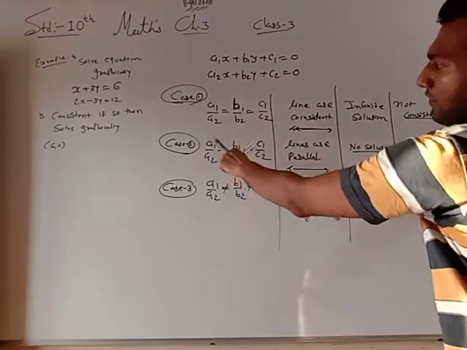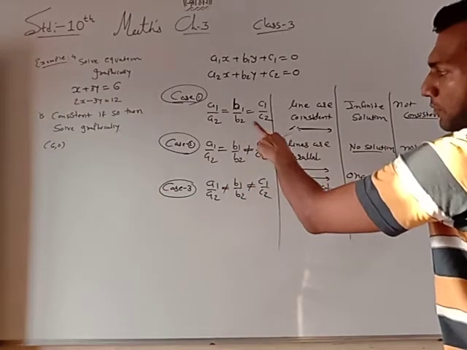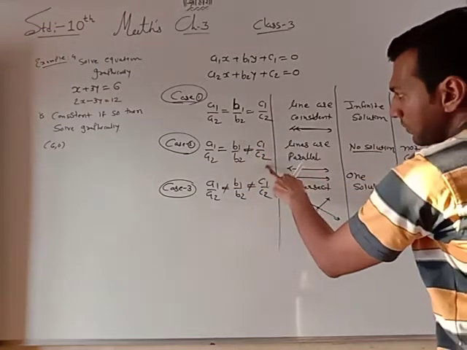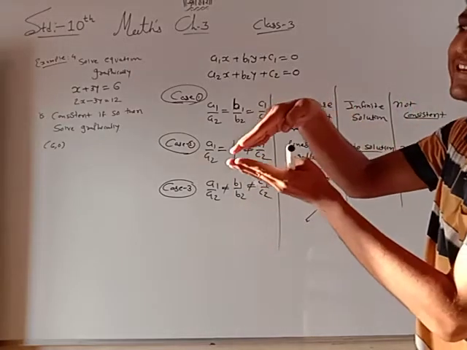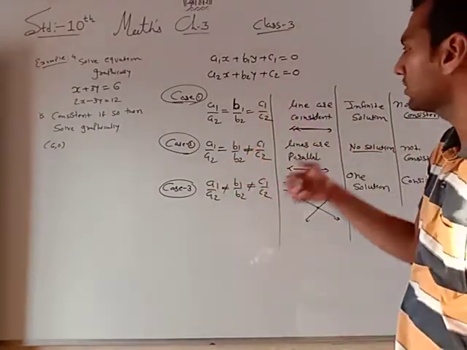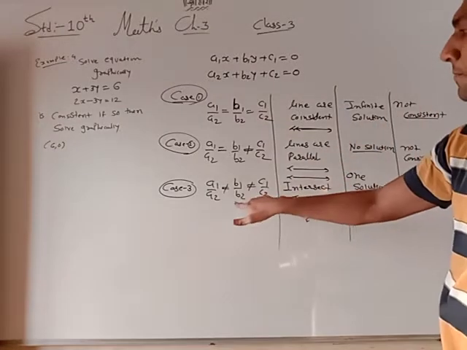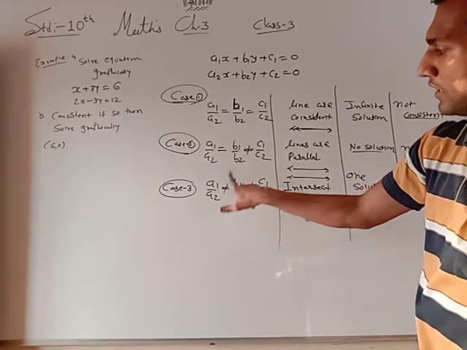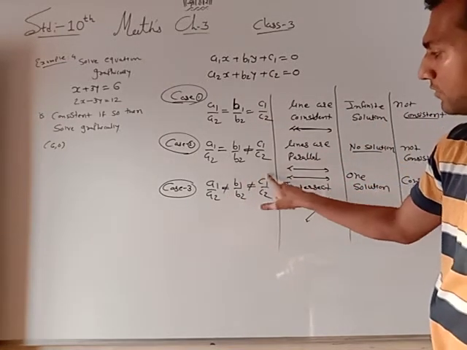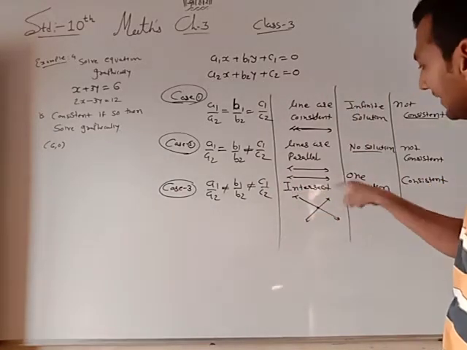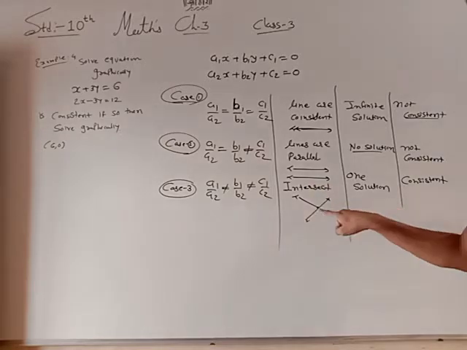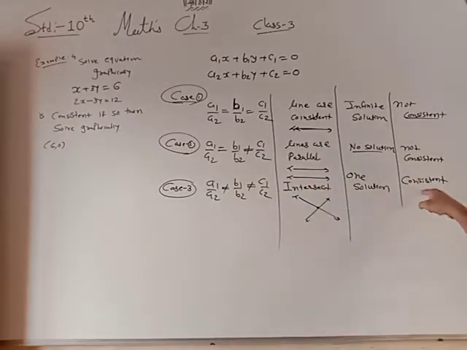In case of a1 upon a2 is equal to b1 upon b2 does not equal c1 upon c2, lines are parallel. Lines are parallel means they are not intersecting, so there is no solution, and it is also not consistent. a1 upon a2 does not equal b1 upon b2 means lines are intersecting lines. If the lines are intersecting, there is one solution and it is consistent.